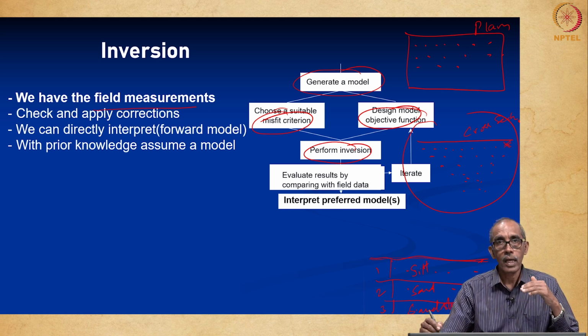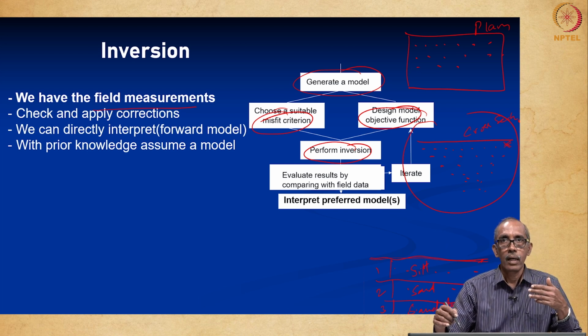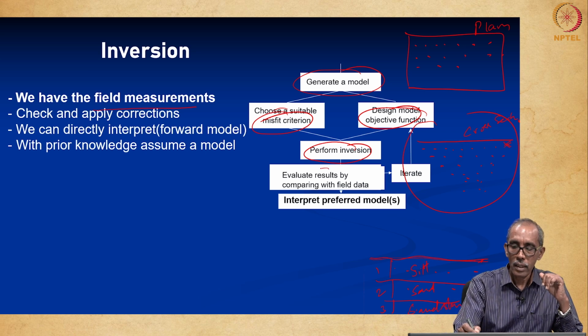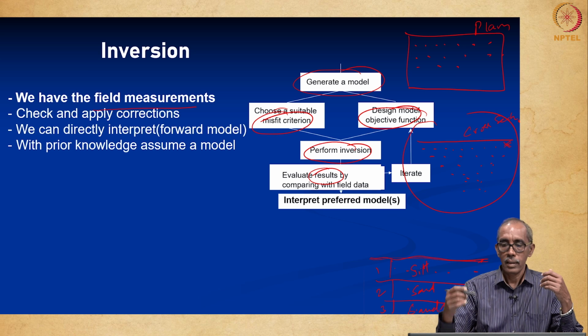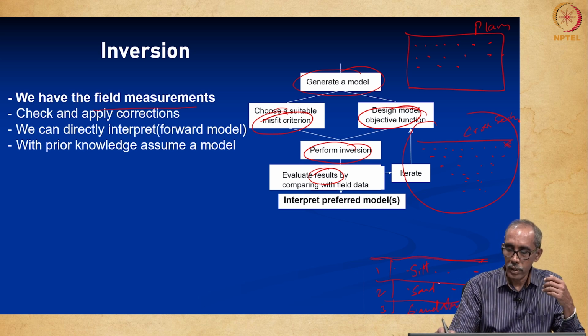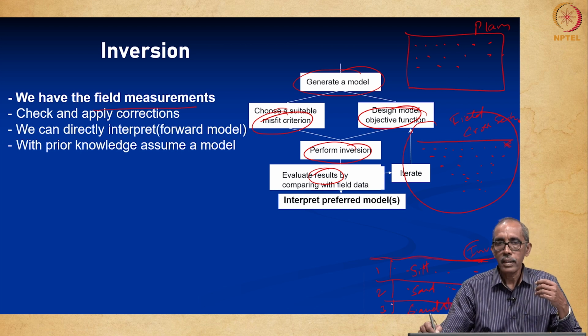Each formation we assign some resistivity, and then we will be able to come out with the results. That is what we are estimating, or calculating. Then we compare the results obtained by inversion with the field data.